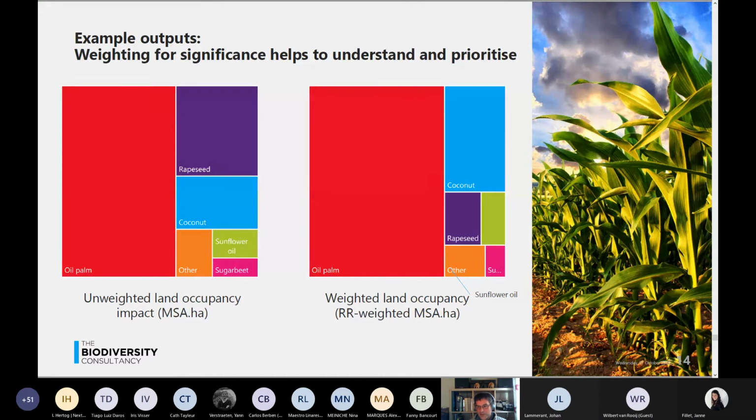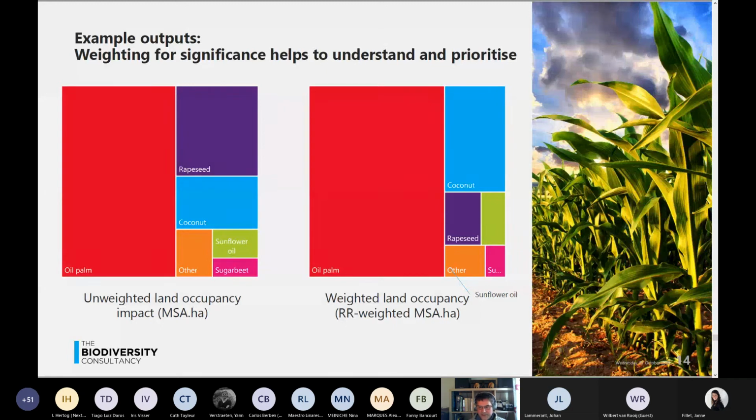But in fact, the volumes were so large that the products that they were sourcing from things like oilseed rape actually meant that they became quite an important part of the overall footprint. And so that again was useful to them. So it helped them justify their existing focus on palm, but it added some new things that they also wanted to focus on. And this was very much the beginning of a journey.